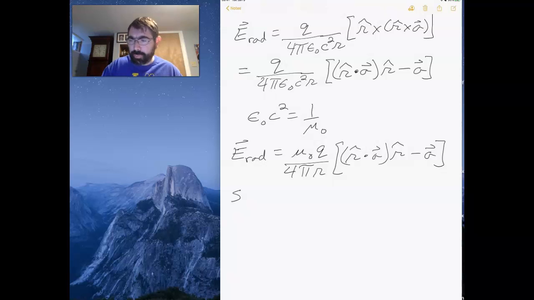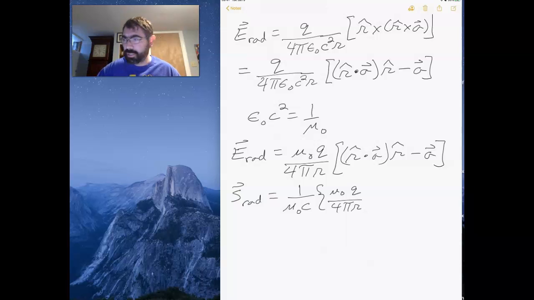So that means my Poynting vector radiation is 1 over mu naught c, mu 0 q over 4 pi r, all the rest of this stuff, squared in the r hat direction.